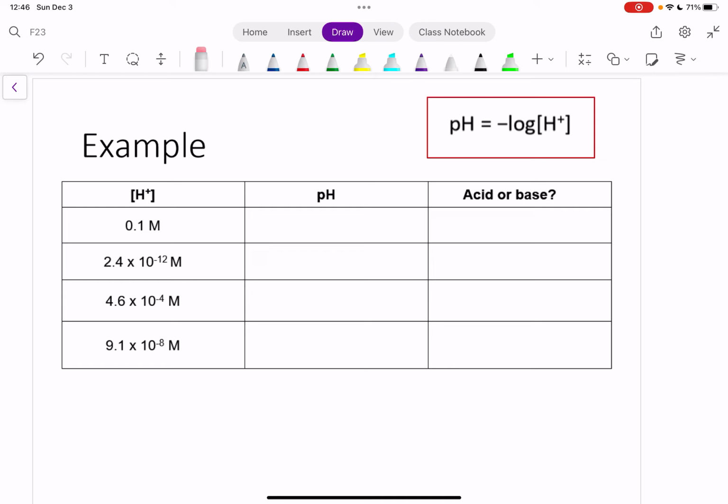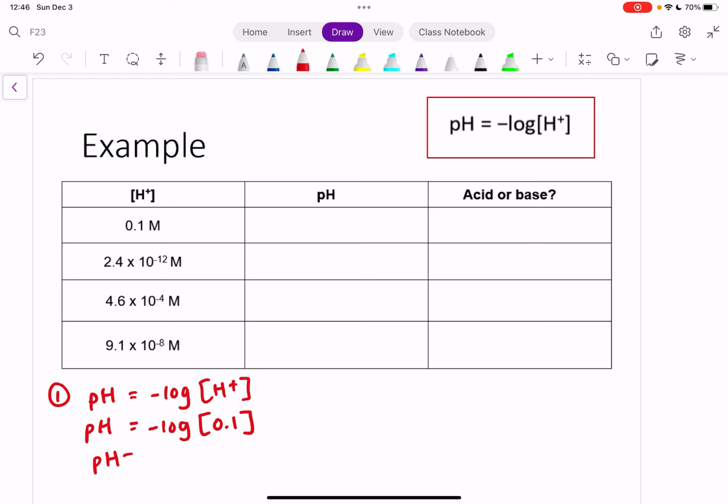All right, so for the first one, our concentration is 0.1 molar. So pH, we'll just do these calculations down here. So pH equals the negative log of our H plus concentration, which in this case is 0.1. So you're going to plug that into your calculator, and you'll get out a pH value of 1.